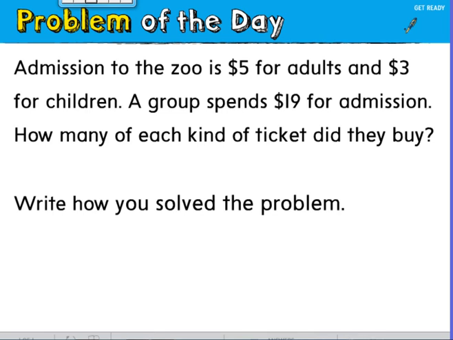So the first thing we need to figure out is, the way this is going to work is we have $3 and we have $5, and somehow all of it is going to be equal to $19, right? So how are we going to get started here?